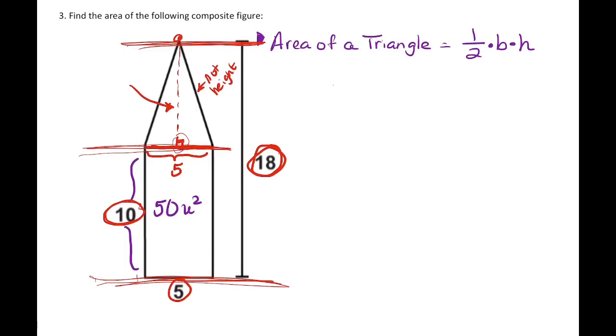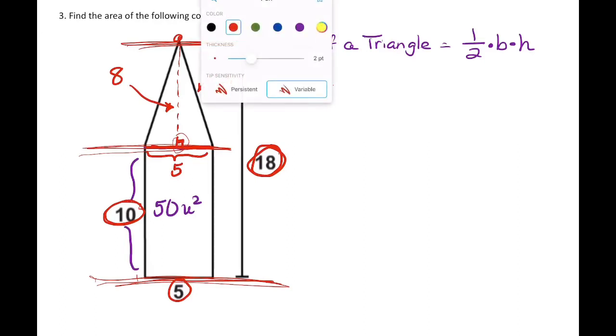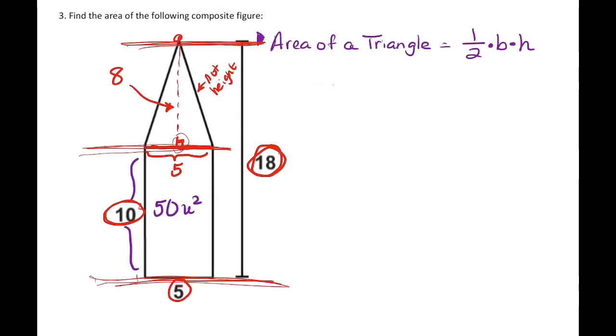So if that's 10 from here to here and it's 18 total, well, 10 plus 8 is going to be 18. So that has to be 8 units. See, that's 8, and that's 10, and 10 plus 8 is 18.